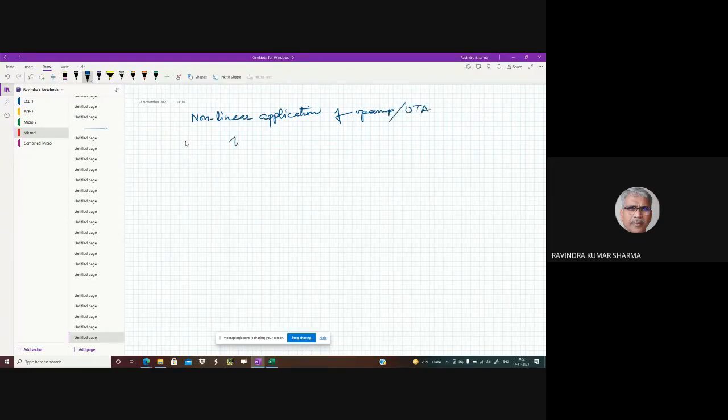We generated waveforms which were non-sinusoidal, right? And I hope you remember the instance that one block was a Schmidt trigger.